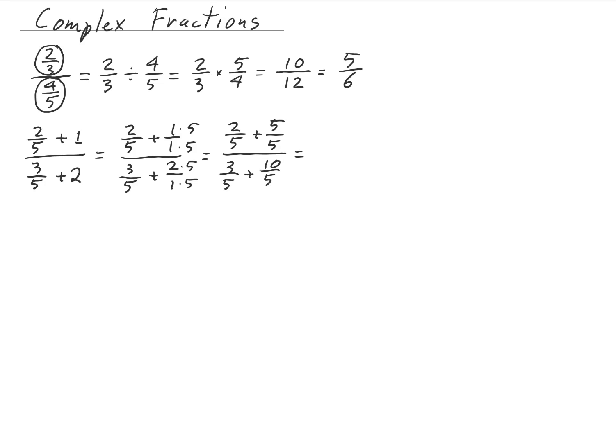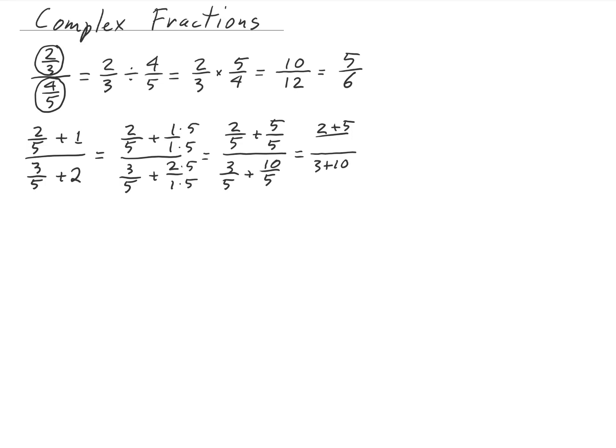Now I can add the fractions together on the top because they have the same denominator, right? They both have a 5. And I can add the fractions together on the bottom because they both have a 5 in the denominator. And to add the fractions on the top, I'd simply add the numerators. So I get 2 plus 5 over 5, and the same on the bottom. 3 plus 10, whoops, I'm sorry.